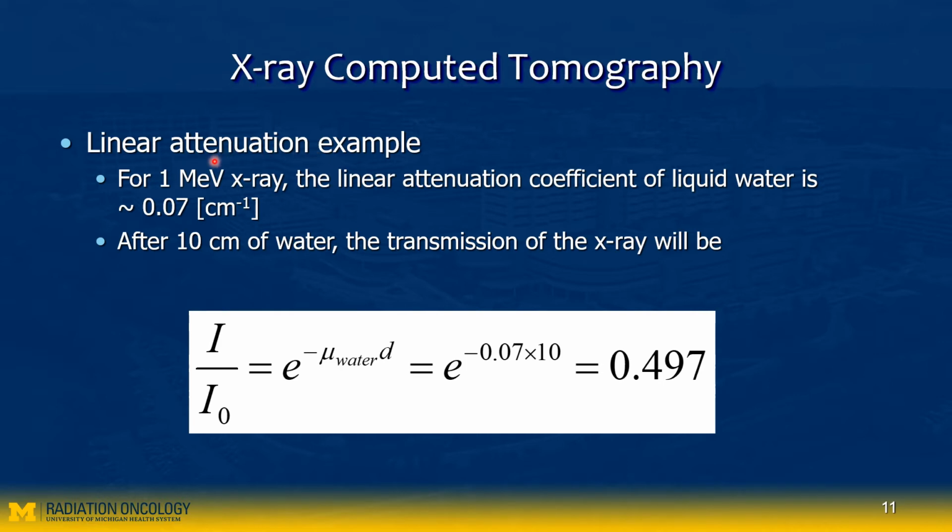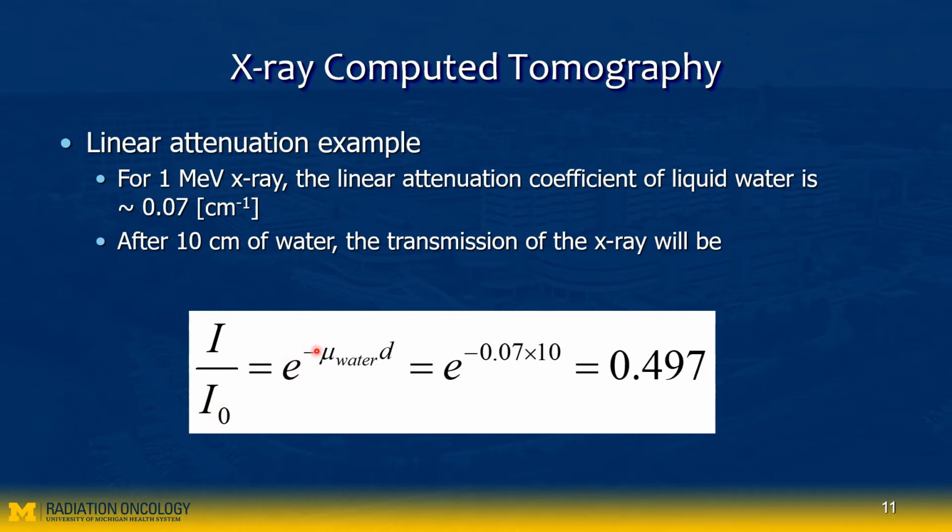For example, if you have a 1 MeV X-ray, a mono-energy X-ray, the linear attenuation coefficient of liquid water is 0.07. The linear attenuation coefficient unit is inverse length. So let's calculate the transmission after 10 cm of water. The way you calculate this is the ratio between the intensity after 10 cm of water over the original intensity, which is this exponential.